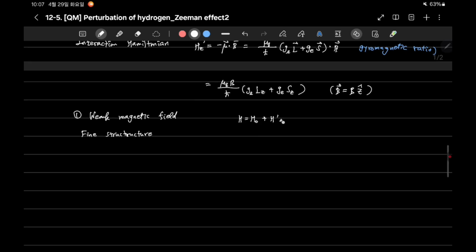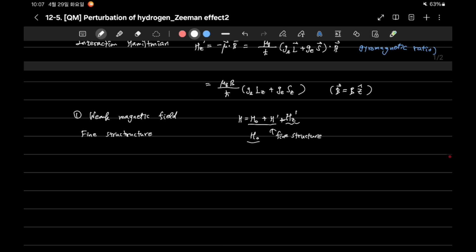In this case, only the Zeeman Hamiltonian is considered as the perturbation energy. The fine structure, as in the previous case, we can treat as the unperturbed Hamiltonian because we already studied the fine structure case.